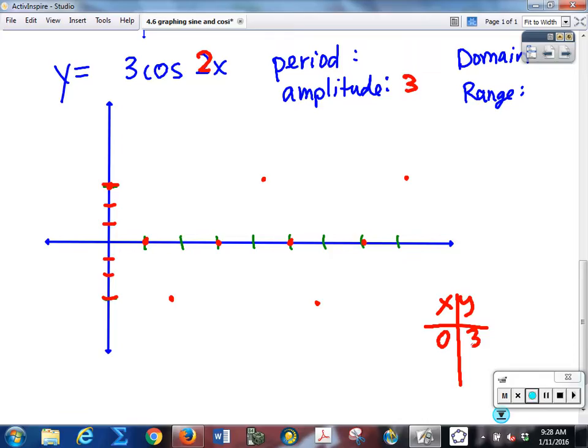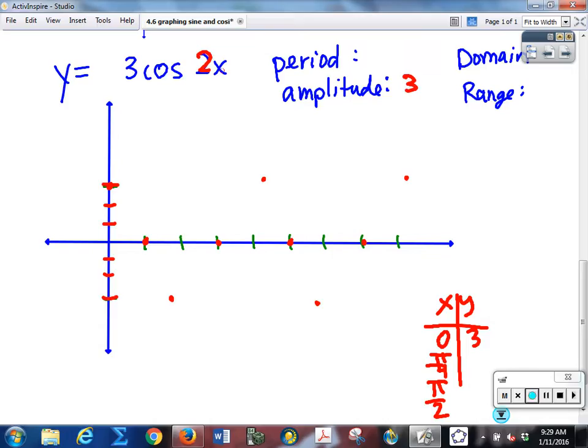Because normally we would plug in pi over 2 next. But when I plug in pi over 2, then it turns to pi, right? So it's going through it faster. It would have to be like if I plugged in pi over 4. If I plug in pi over 4 right here, then I would get pi over 2. So the x values are going twice as fast.